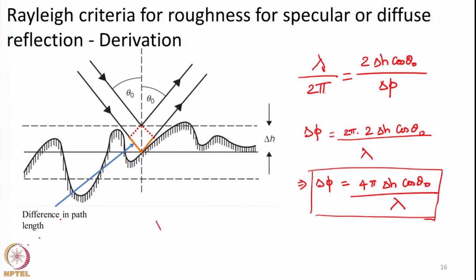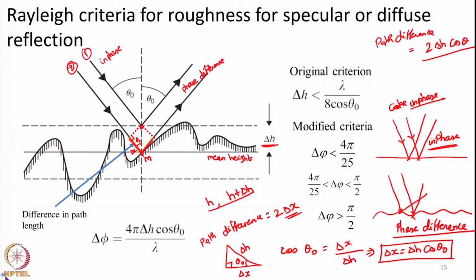What Rayleigh said in the Rayleigh criterion is that if this delta phi is less than pi by 2, that particular surface is smooth, and if this delta phi is more than pi by 2, that particular surface is rough. That is what is given in this slide. If you apply that condition to this equation, we can calculate delta h.